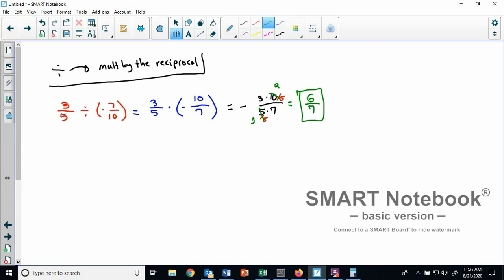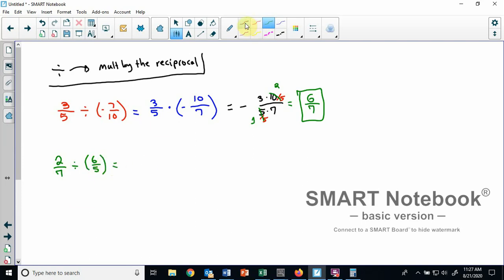Okay? So I can turn any division of fractions into a multiplication of fractions. And it makes life way easier. Let's do a few more examples to make sure we feel cozy with this. So for instance, 2/7 divided by 6 over 5.